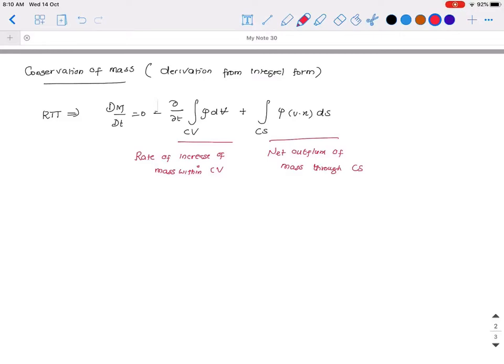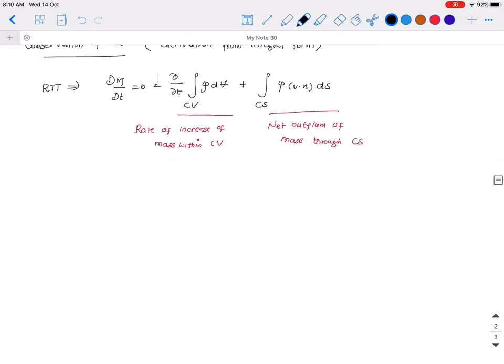One way of obtaining the differential equation is to start with the integral formulation and apply the divergence theorem of vector calculus. If you don't remember it, let me write it very quickly. You have an integral defined over a domain. On the boundary we have the integral of f dot n dS.